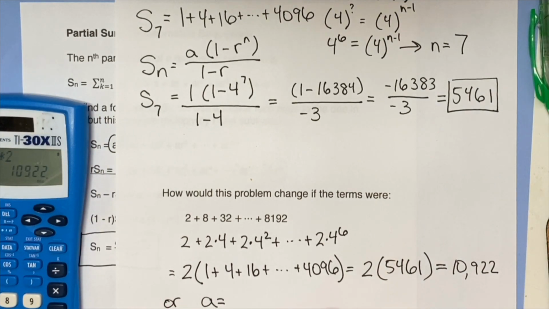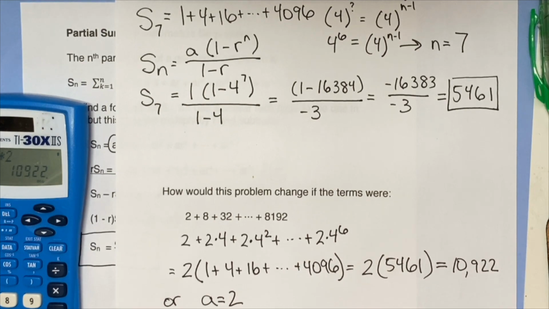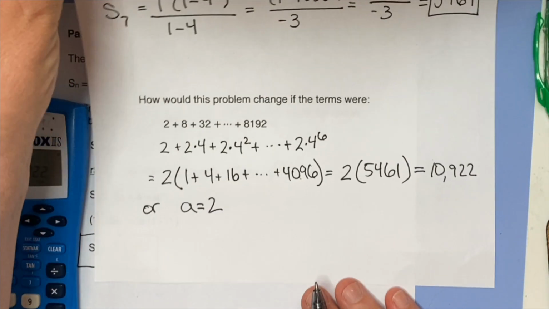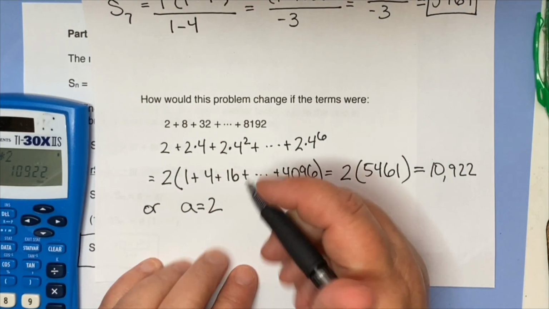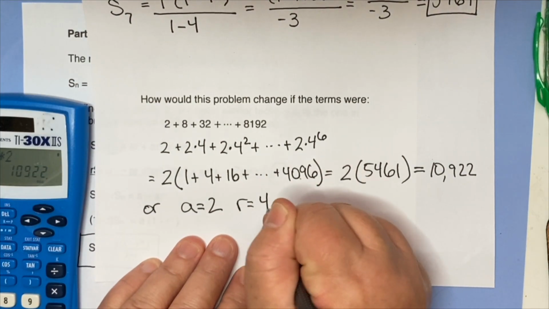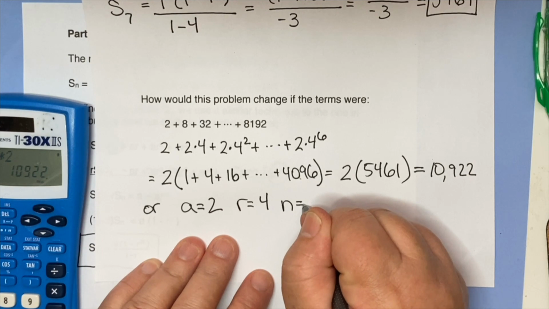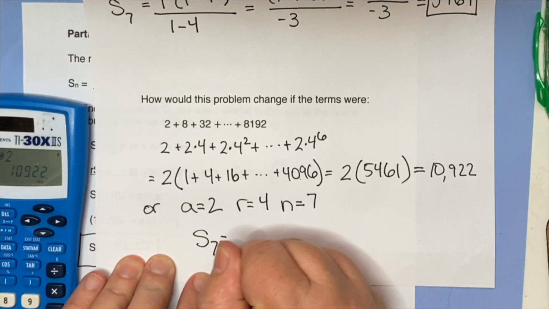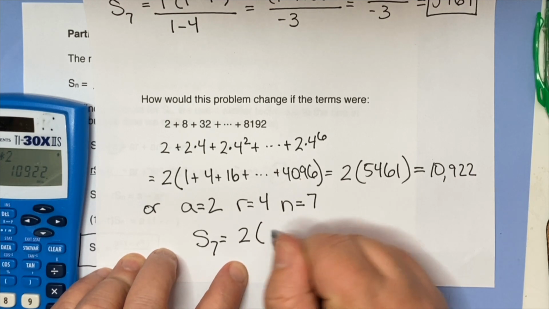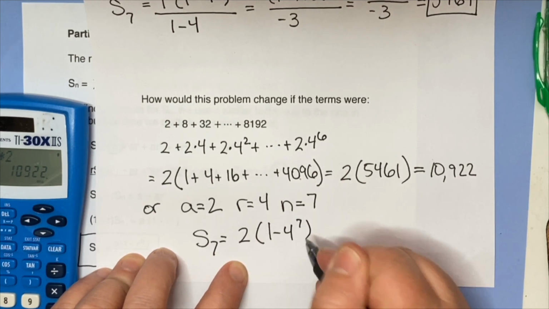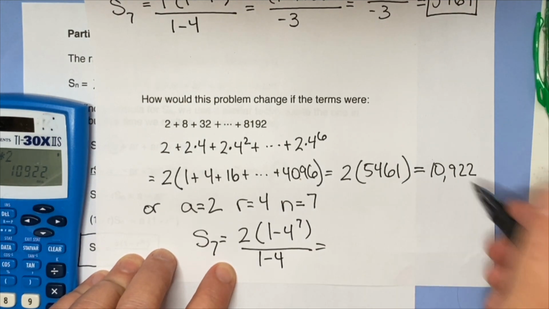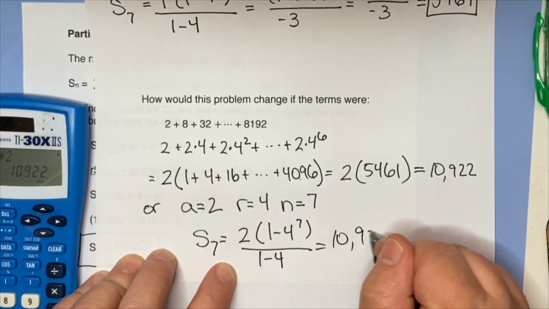The other way to do it is to work it out where a equals 2. That's what that 2 being in every term means. You could work it out with a equals 2, r equals 4, n equals 7, and then it would be 2 times 1 minus 4 to the 7th all over 1 minus 4, which would give you 10,922.